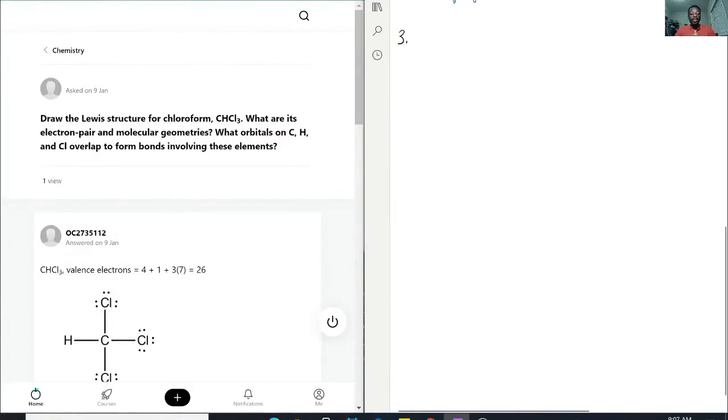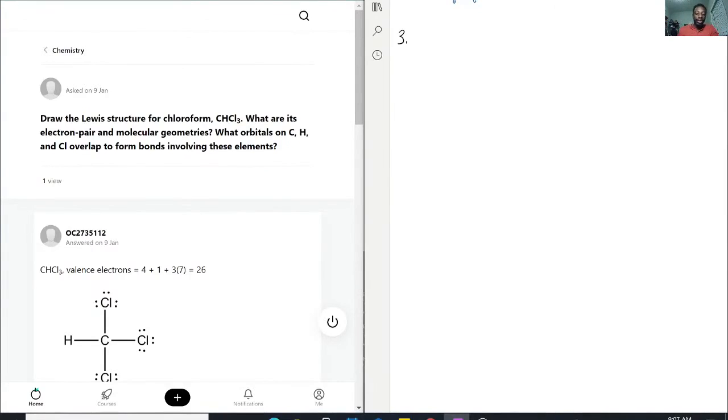Question number 3: draw the Lewis structure for chloroform, CHCl3, and what are its electron pair and molecular geometries, and what orbitals on the C, H, and Cl overlap to form the bonds involving these elements?